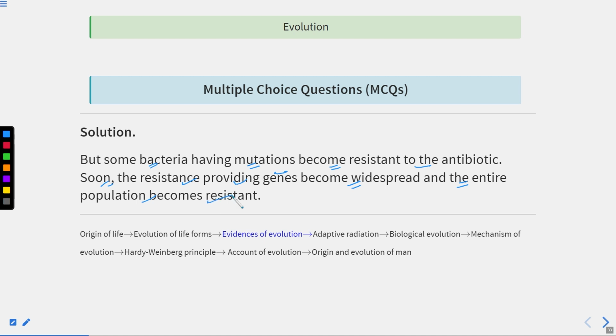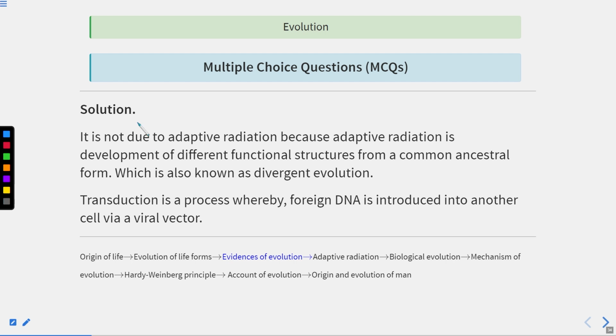Only those bacteria will survive that consist of the antibiotic resistant genes. This gene will increase in number as well as the organism also will increase in number.